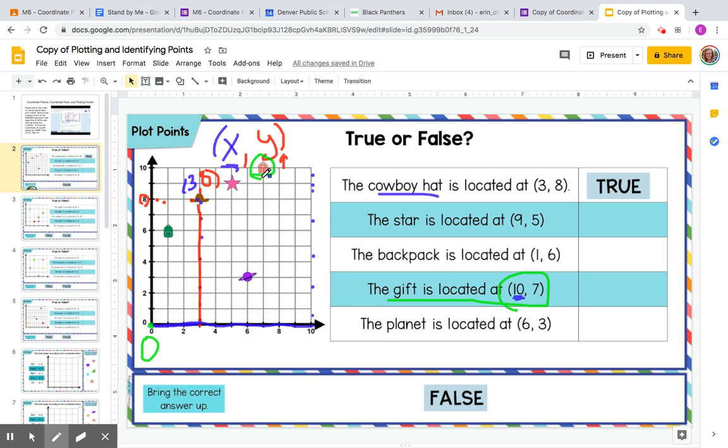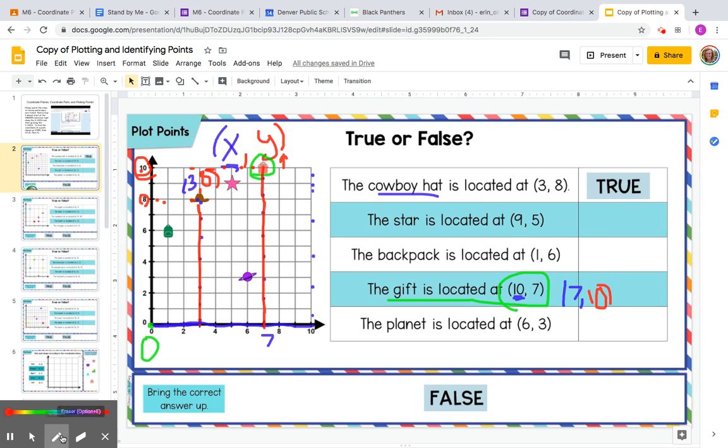I do, however, see the gift on 7. So right now it looks like my gift is 7, comma, and I can see it hits the top of my y-axis, so it's 1, 2, 3, 4, 5, 6, 7, 8, 9, 10. Double check, and it does indeed hit 10.